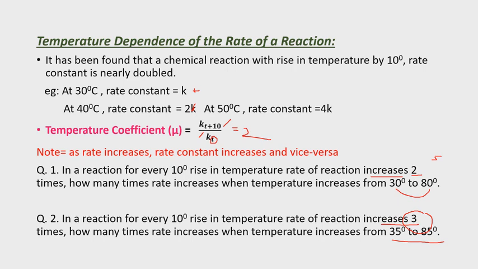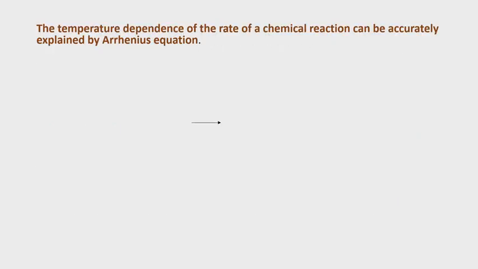Next. Next one. The temperature dependence of the rate of a chemical reaction can be accurately explained by the Arrhenius equation. This is a very important topic, students. Now see what will happen. Yes, the Arrhenius equation.